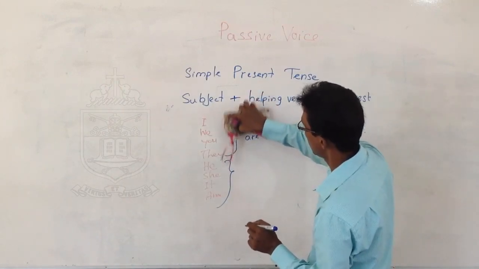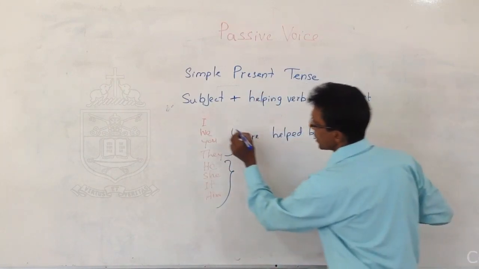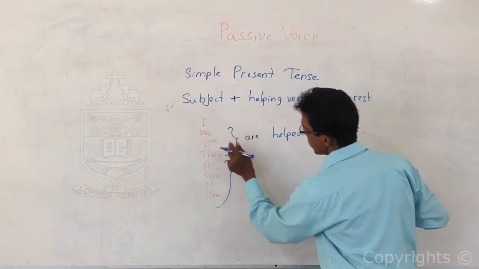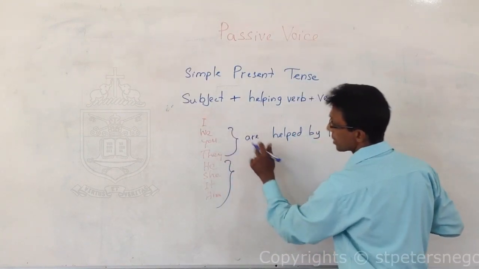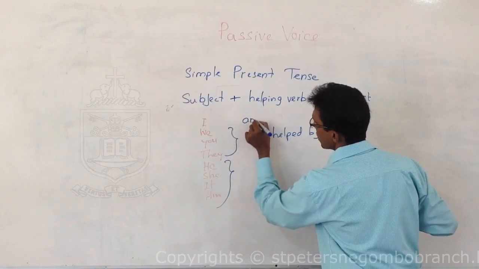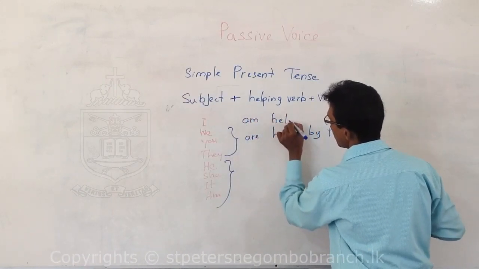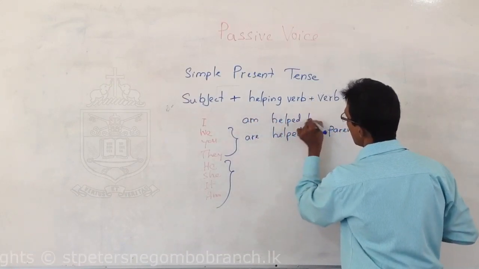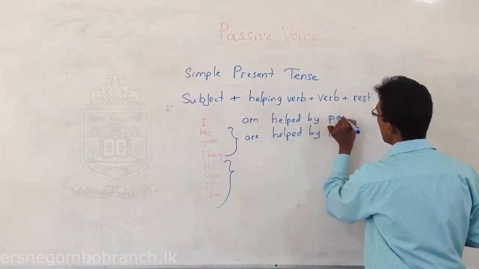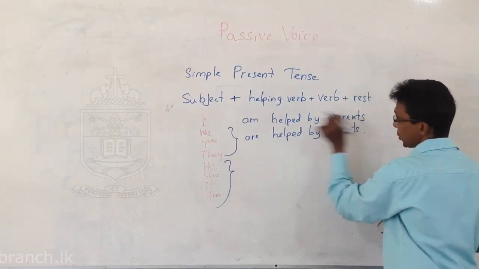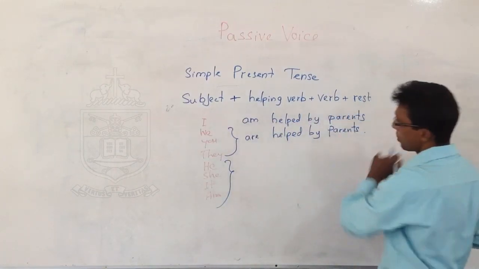Right? So there should be a change. That is, for these three we write like this, and for this one it should be like this. I am helped by parents.